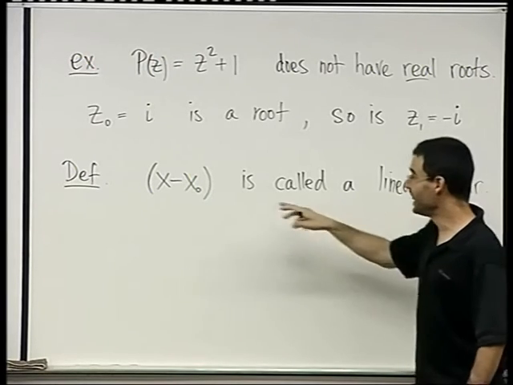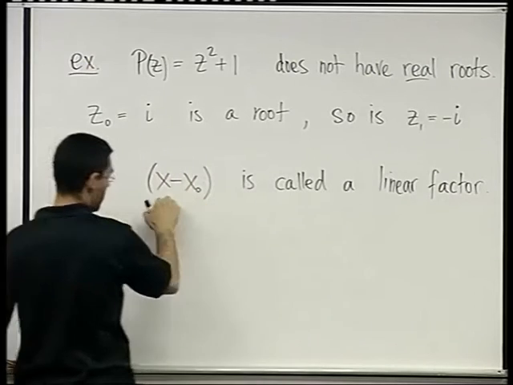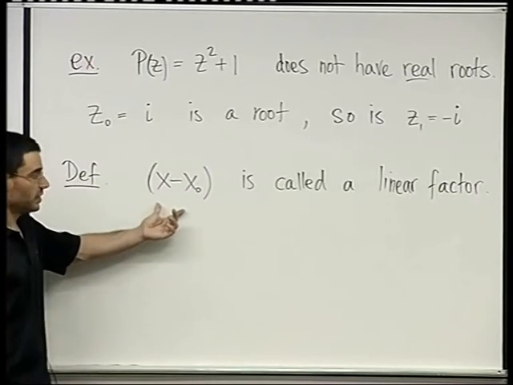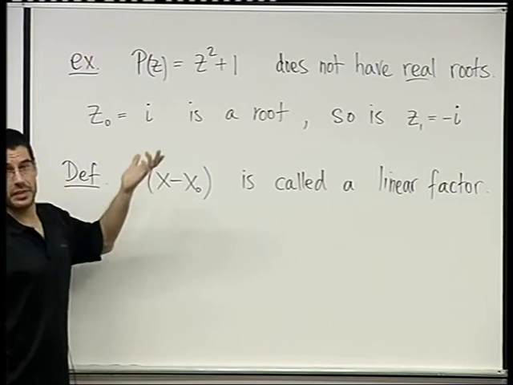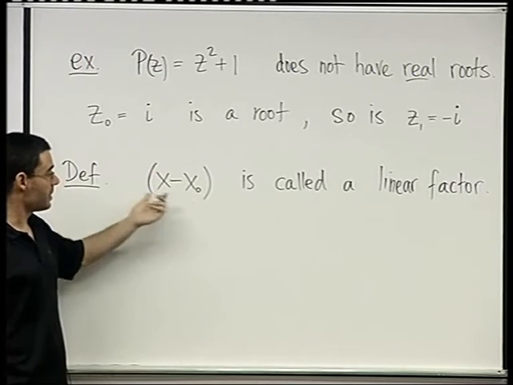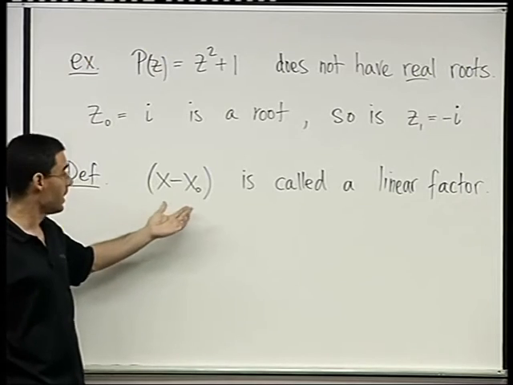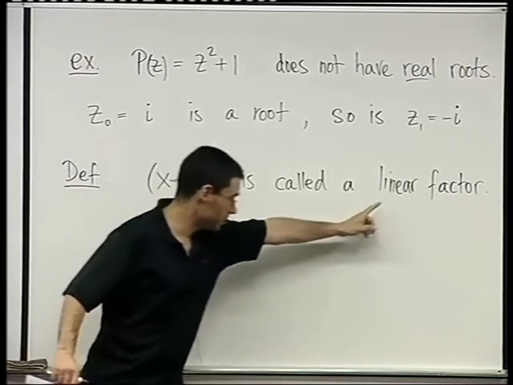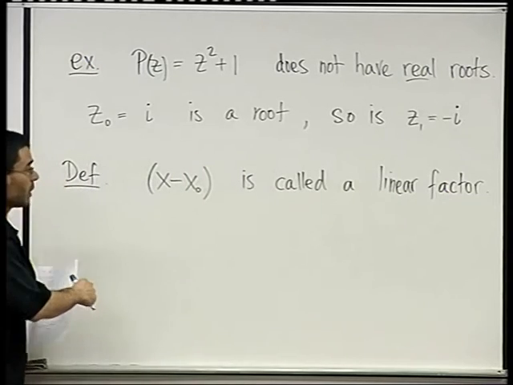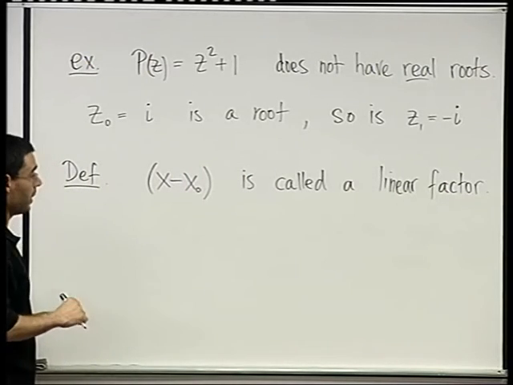The reason it's called linear is that when we discuss functions, and that's more a topic of your calculus course, but you have seen functions before, you know that something like f of x equals x minus something is a linear function. Its graph is a straight line. And this is called a linear factor in the context of polynomials.